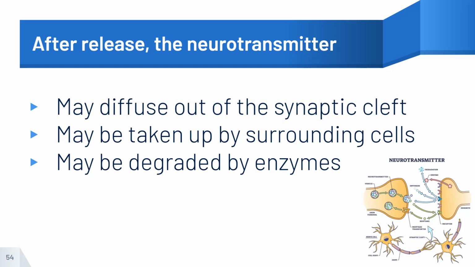So the cell that released it could pull it back in and then recycle and reuse them. Or there are digestive enzymes in the synapse that will break down and destroy the neurotransmitter, so they're not constantly being attached onto the postsynaptic cell and causing a signal to be received.